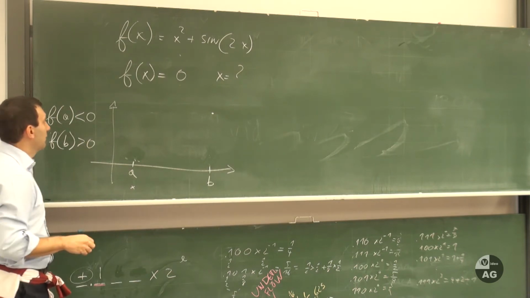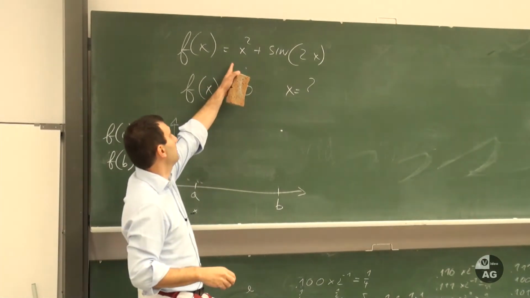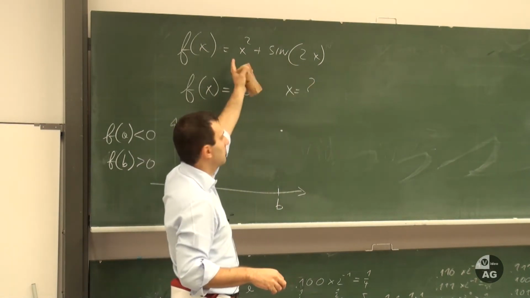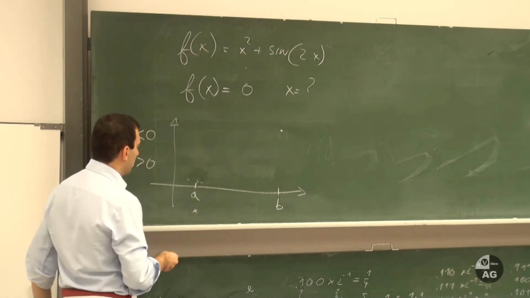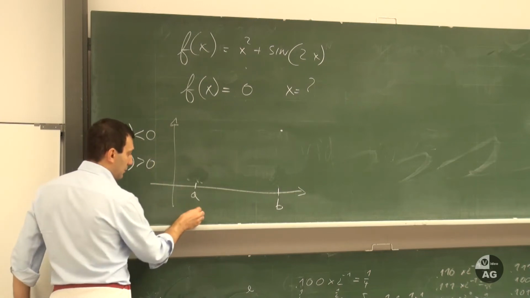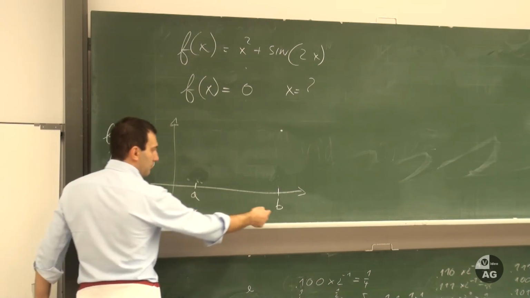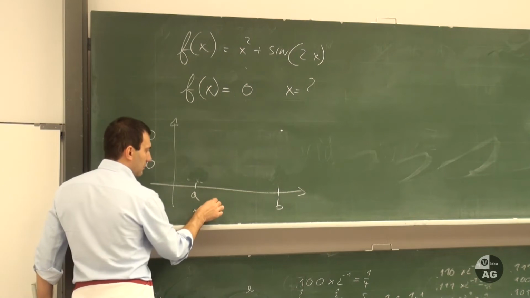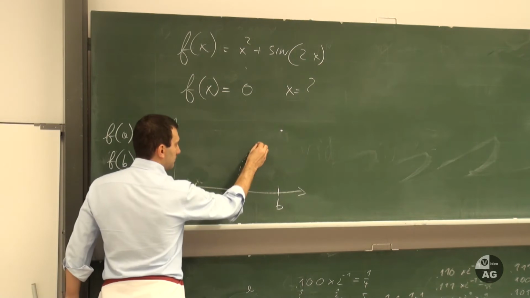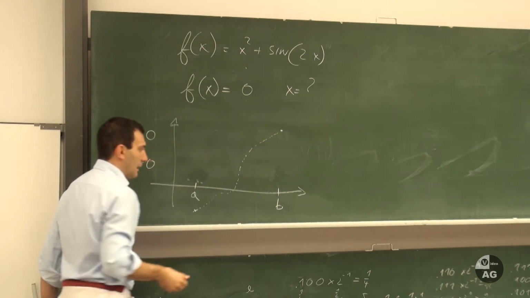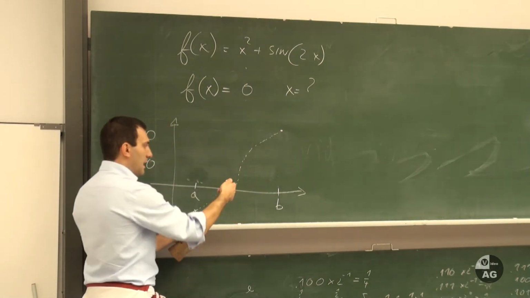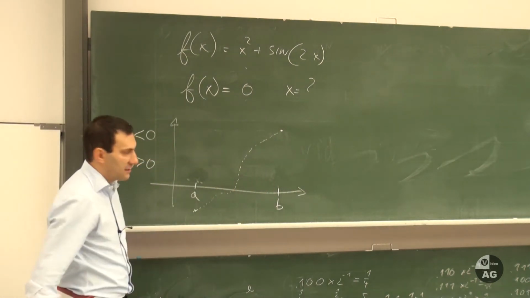All right. Then what do we do? We study the continuity of the function. Oh, look at that. Sine is continuous, product, plus. Okay, everything is continuous. Great. There must be a point, at least one point, between A and B where my function intersects the axis. I don't know the function, but by continuity, it must cross the axis at least once.